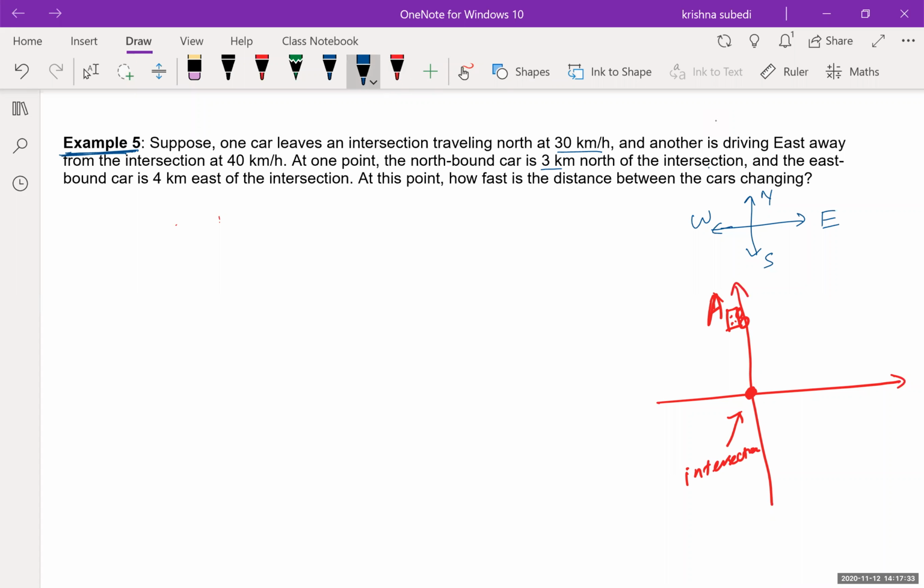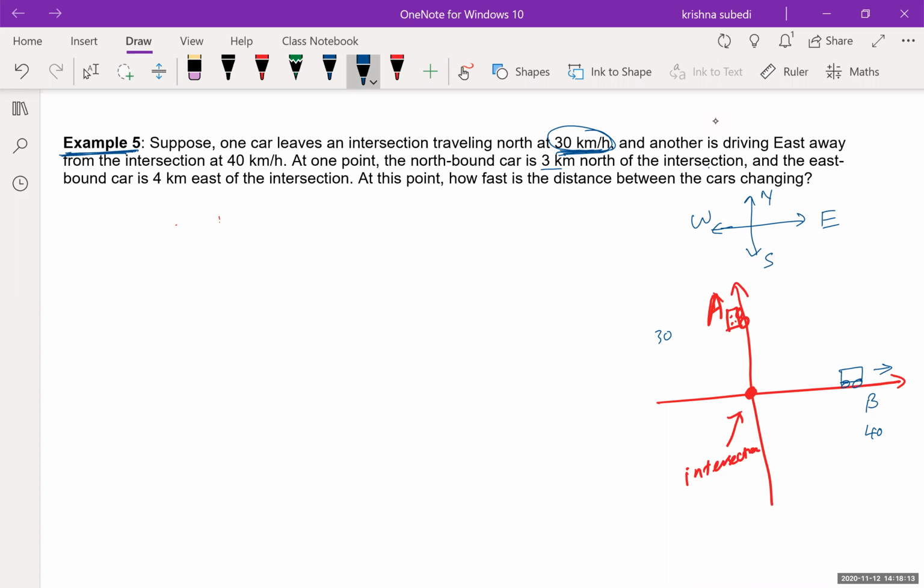So this car is traveling in that direction. Let's say this is car B. The first car is at the rate of 30 kilometers per hour, and this car is 40 kilometers per hour. Whenever we see the words kilometers per hour, that tells you it's a derivative.